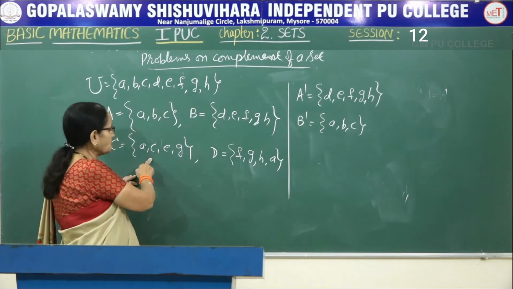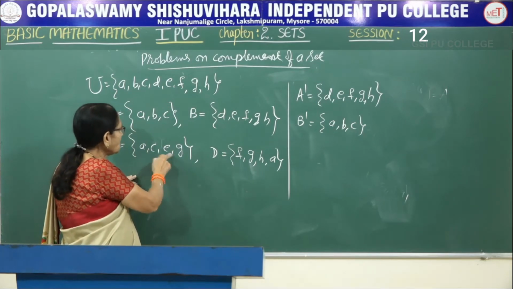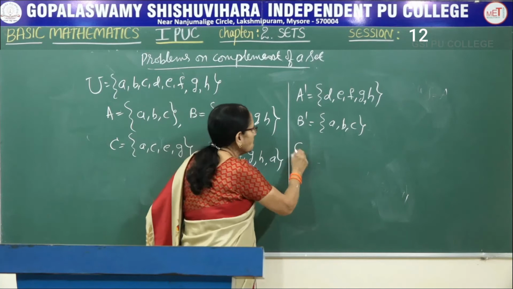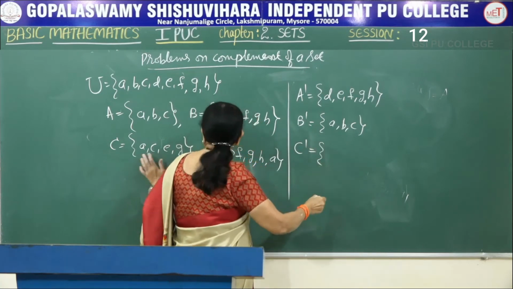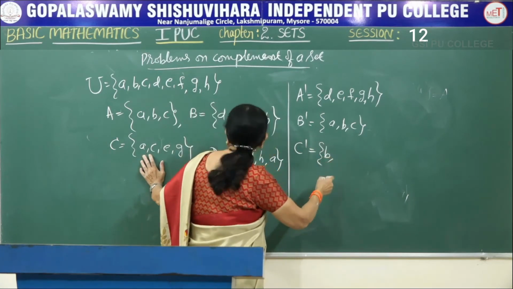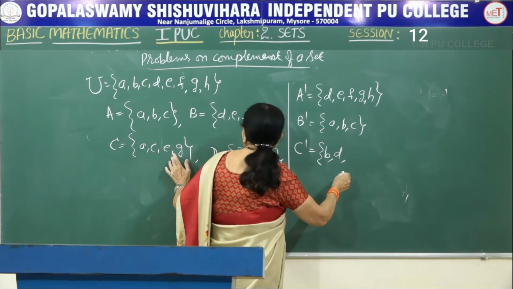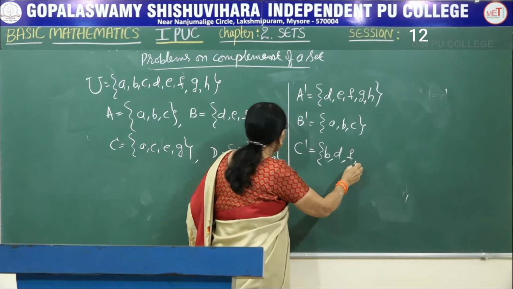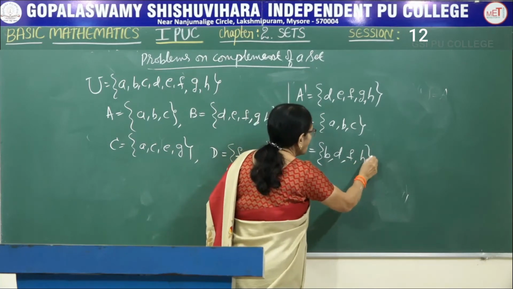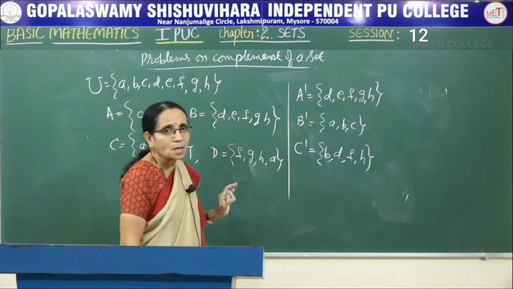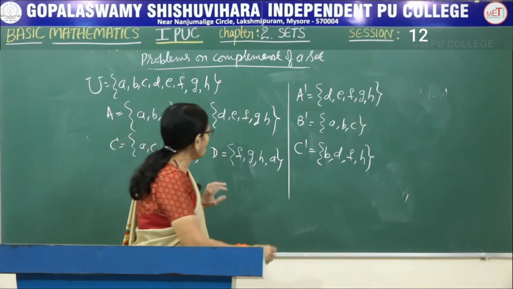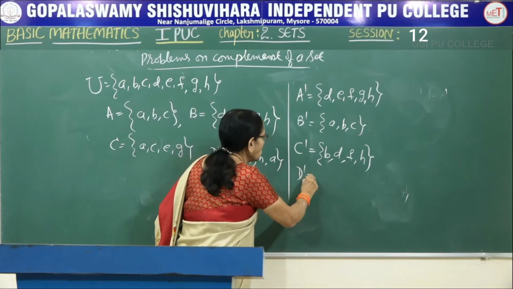Now take the set C. A, C, E, G. Now C dash would be equal to: A, omit that one, write B, C, don't write that one, then write D, E is there, then write F, G is there, then write H. So it is B, D, F and H. Lastly, take D dash.